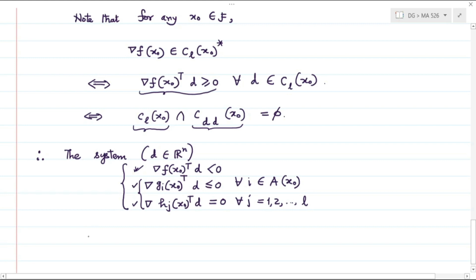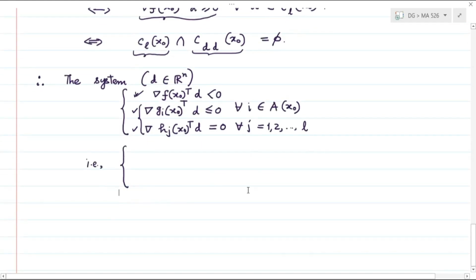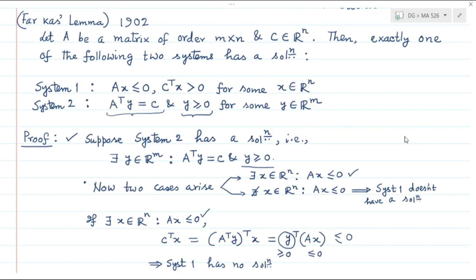So let me write it in terms of the Farkas lemma so that things will be very clear to you and you can apply the Farkas lemma very conveniently. Let me quickly take you to the note of Farkas lemma, which is in theorems of alternative.